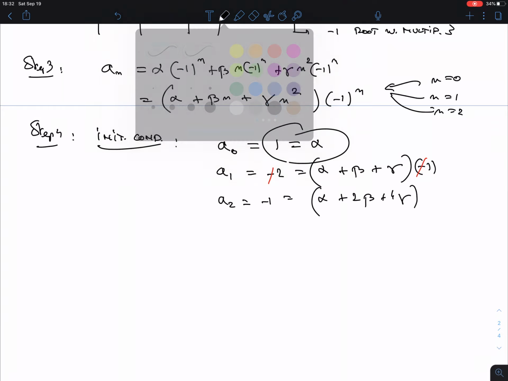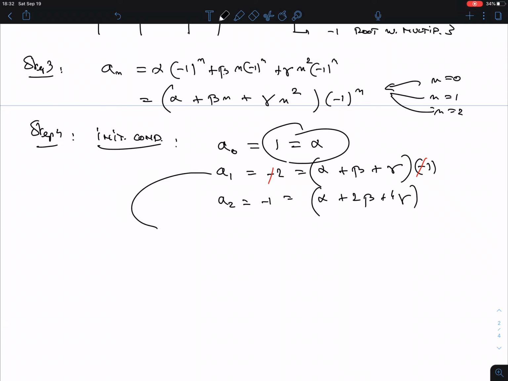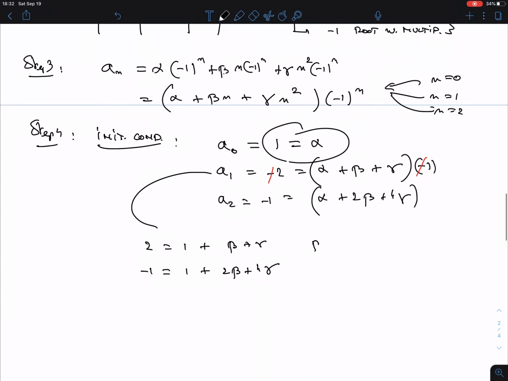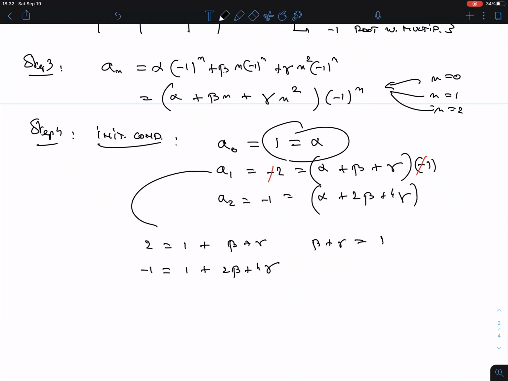Okay, so what I'm left with, remember alpha is 1, right? So 2 is equal to 1 plus beta plus gamma, and the next equation is -1 is equal to 1 plus 2 beta plus 4 gamma. So this means that beta plus gamma is equal to 1, and this means that 2 beta plus 4 gamma is equal to -2.